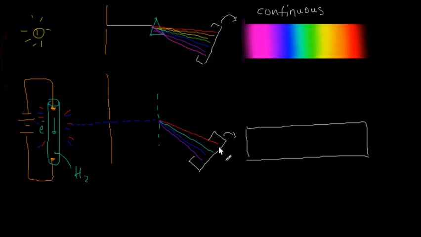Now if you actually set up this experiment and look at this piece of paper, you will see a very sharp red line. You'll see a line, I think we call this color cyan, sort of in between green and blue. You'll see a blue line.